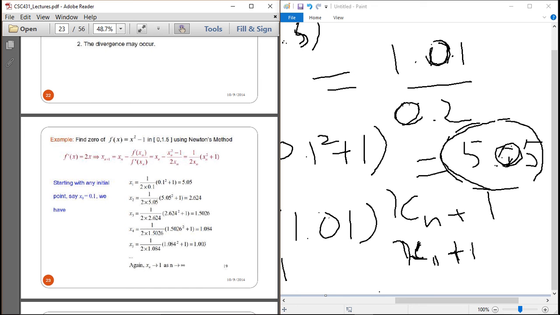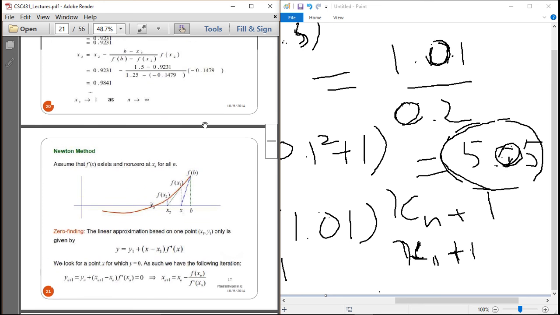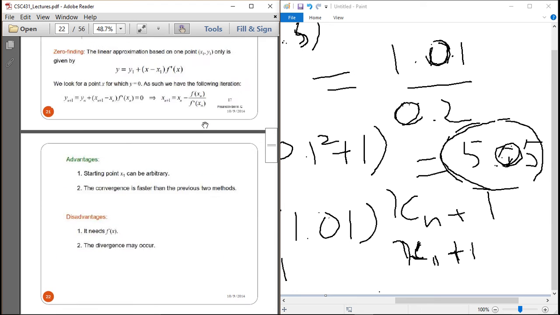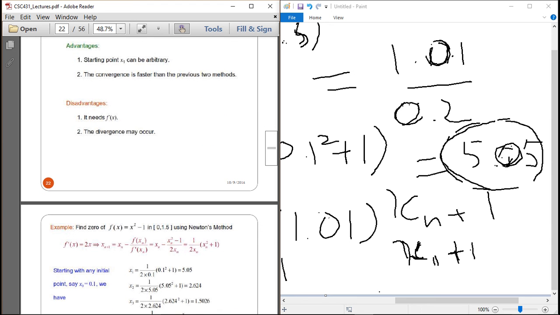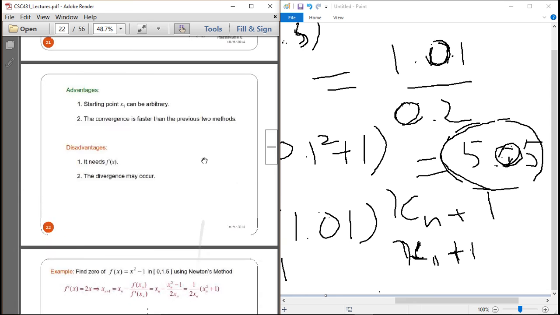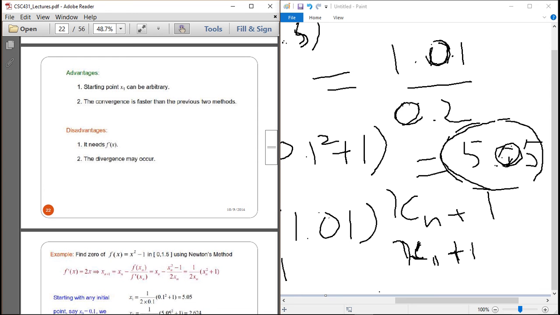So basically the way it works is, understand this formula, get this formula down. Once you get this formula down, for any single function you are given, substitute xn as x in the function. If it is x squared minus 3, substitute xn into x. This formula you're seeing here, 1 over 2xn into xn squared plus 1, does not hold for every single question.